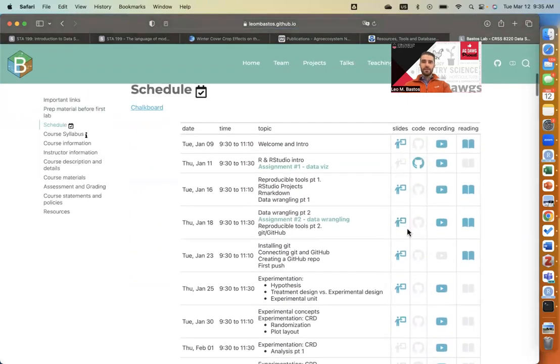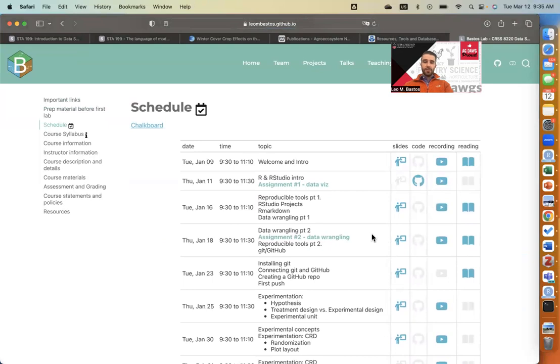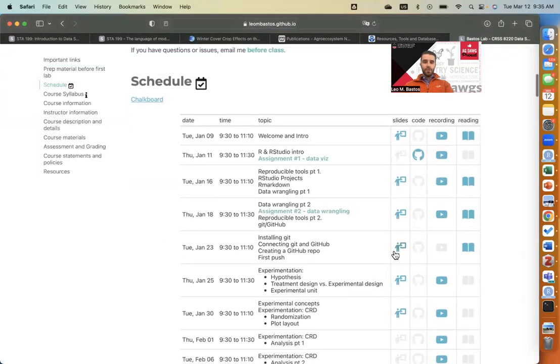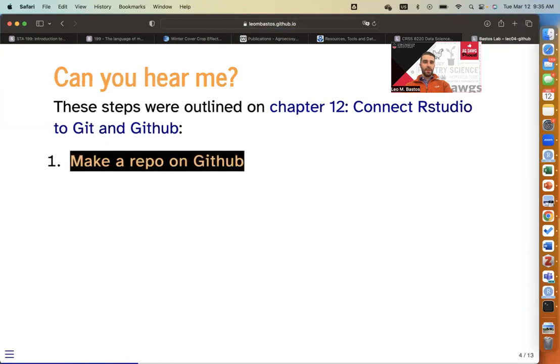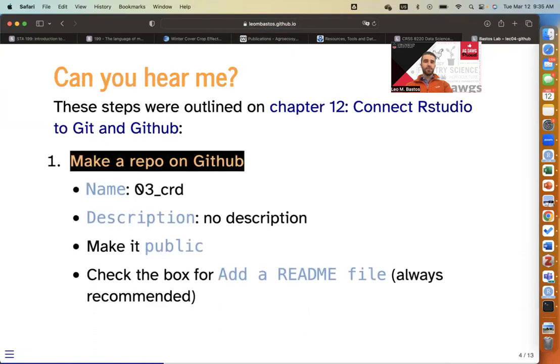And again, the steps of what you're doing are part of a lecture that we had previously. That was the lecture on January 23rd. It has all the steps for you to do this. So the name again is 07_reg, the name of the repo I want you to create.